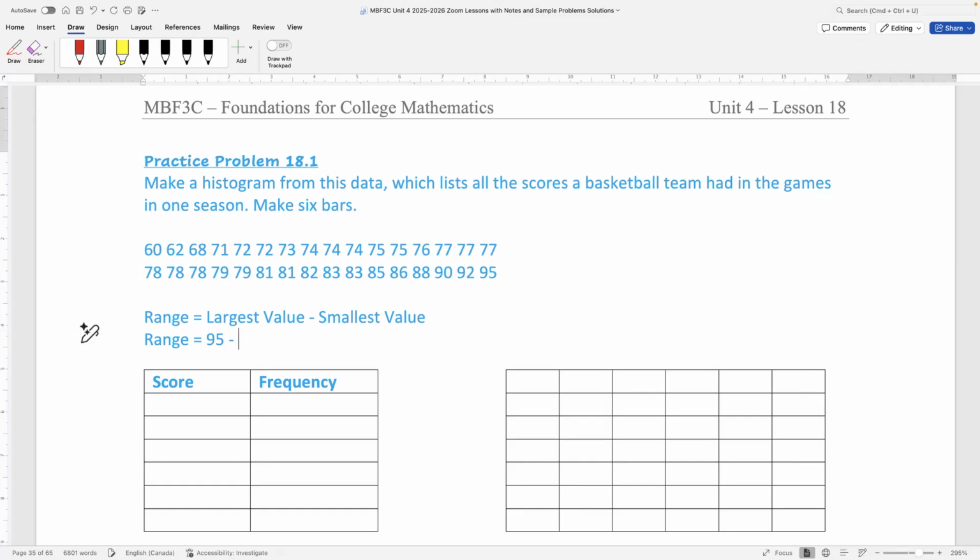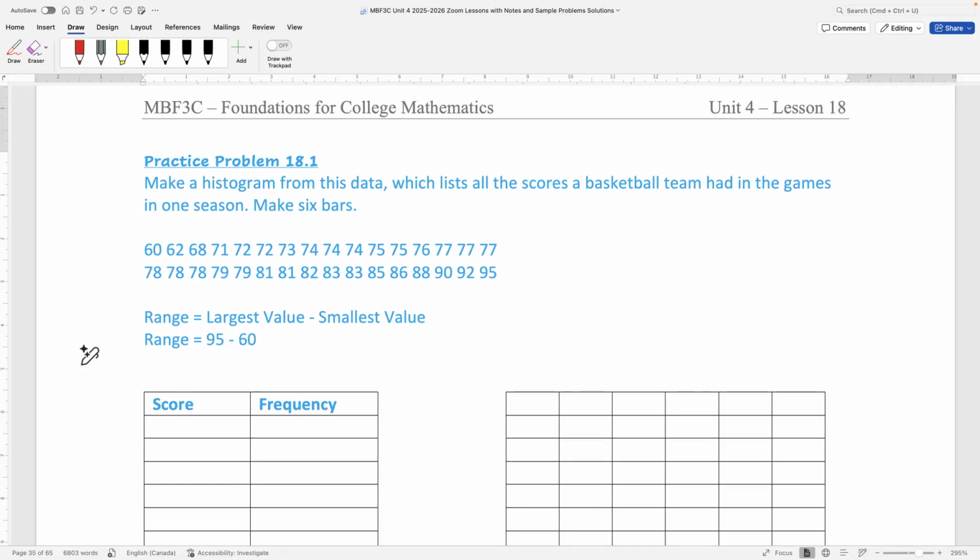And we are going to subtract the smallest value of 60. So the range is going to be 95 minus 60, so 35.